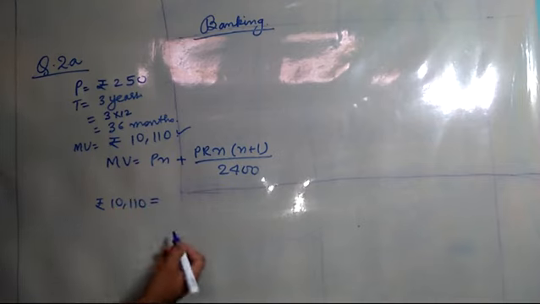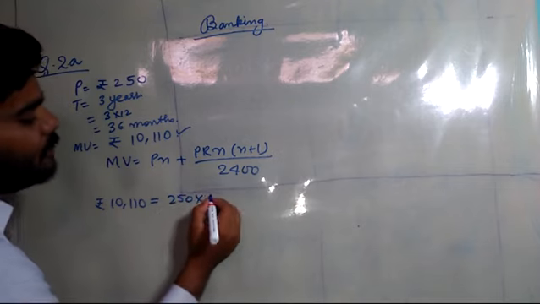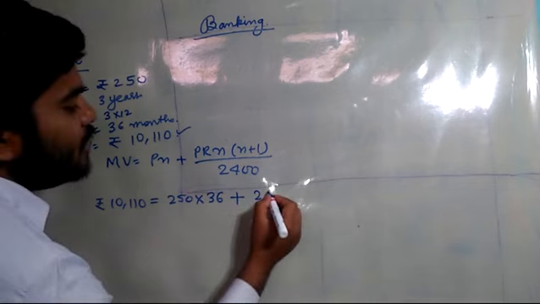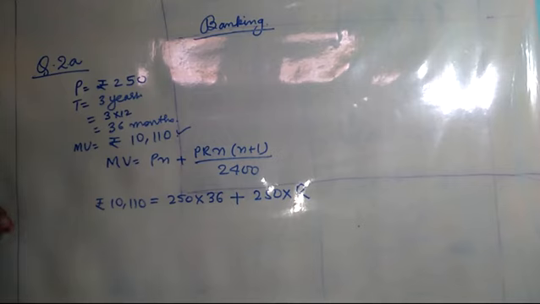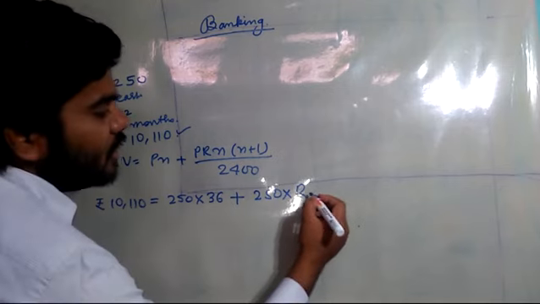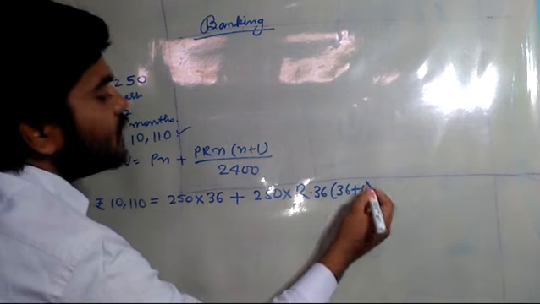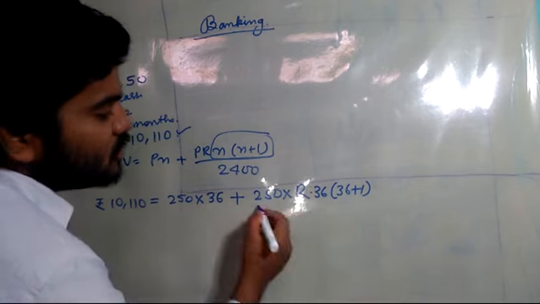This is equal to P. How much principal? That is 250. Time is 36 months. Plus here P is again 250 into rate. I don't know, we are not given. We are not been provided. Now here N is 36 into 36 plus 1 according to formula.